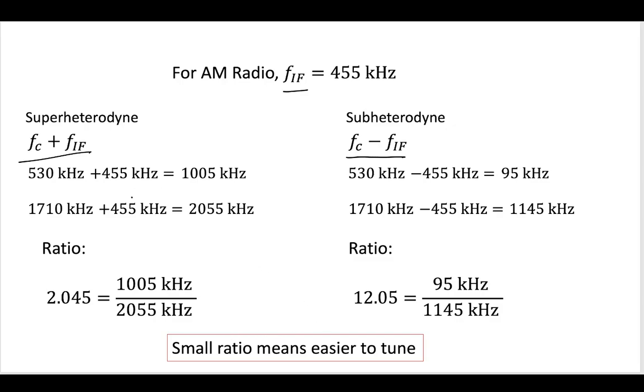So for our superheterodyne process, when we add a channel together, this is the ratio of frequencies that we would need to use. When we're mixing them together, the bands go from 530 to 710. And so when we add them together, the ratio between the smallest and the largest is only 2.